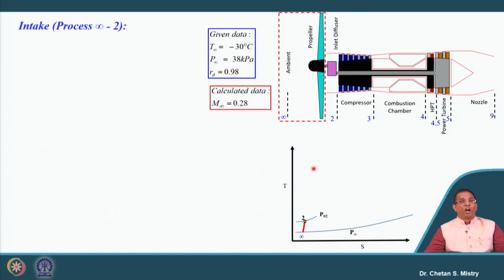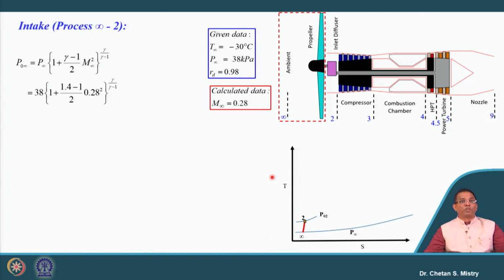Now let's see how we will do the calculation for the intake. For this intake we have information about static pressure and static temperature. Our requirement is total pressure, because we are given the total pressure recovery factor, and that is the ratio of P02 by P0 infinity, and that's the reason why we need to calculate P0 infinity.